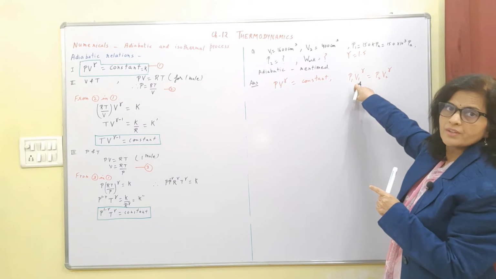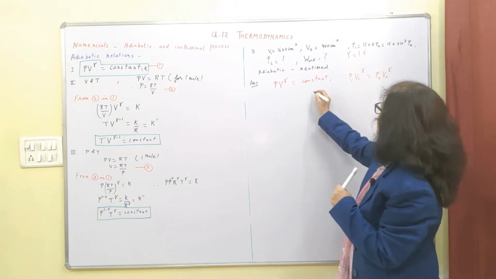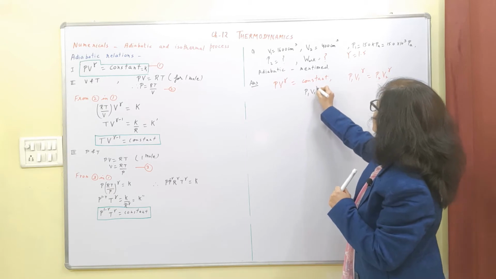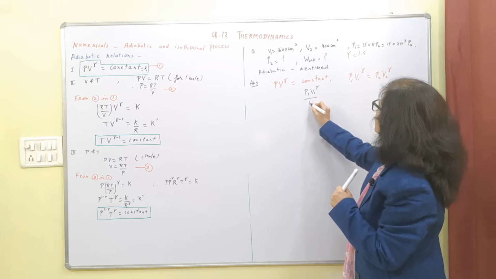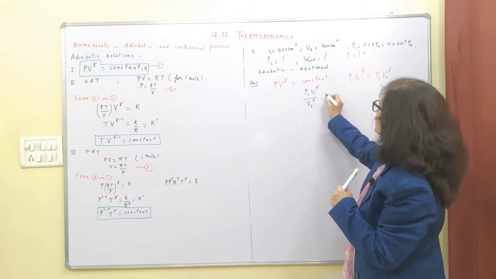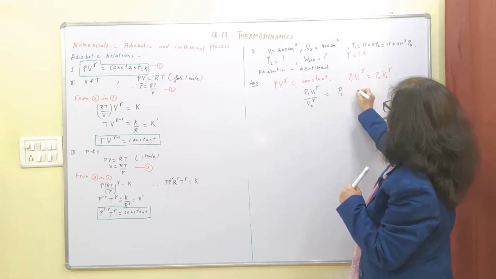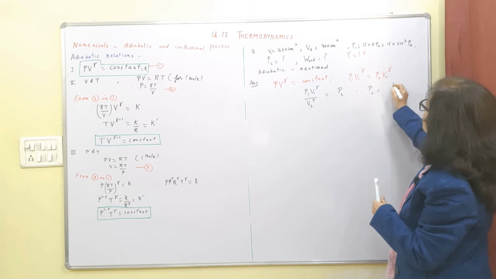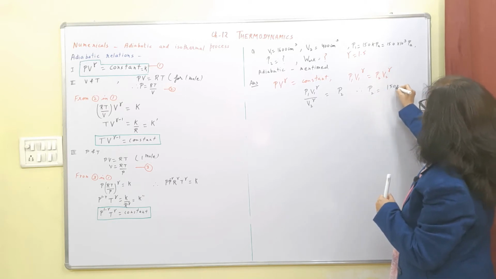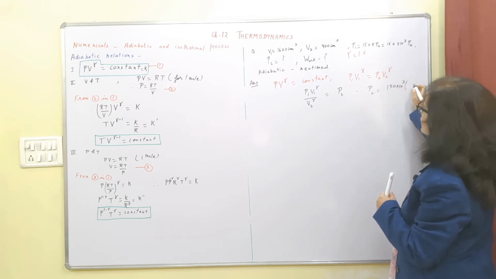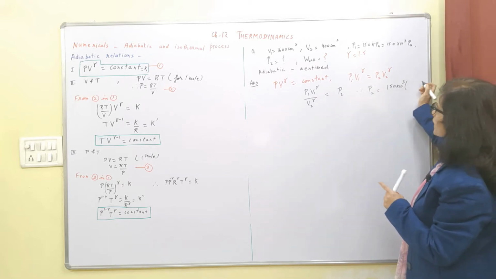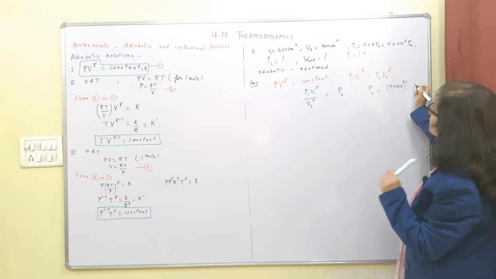So here we will put all the values. We are given all these values except the final pressure. So P1 V1 to the power gamma upon V2 to the power gamma is equal to P2. Therefore, this can be written P2 is equal to P1, which is 150 into 10 to the power 3, into V1 upon V2 to the power gamma, which can be written with a common power.